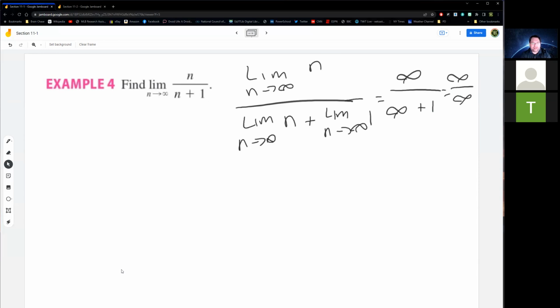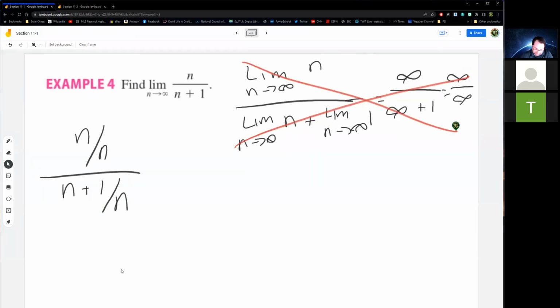One of the strategies that you saw was to take everything and divide it by the same thing. So if I divide the top and the bottom by n, if I take n and divide it by n, and I take n plus 1 and divide it by n, did I change my problem? Still the same problem.